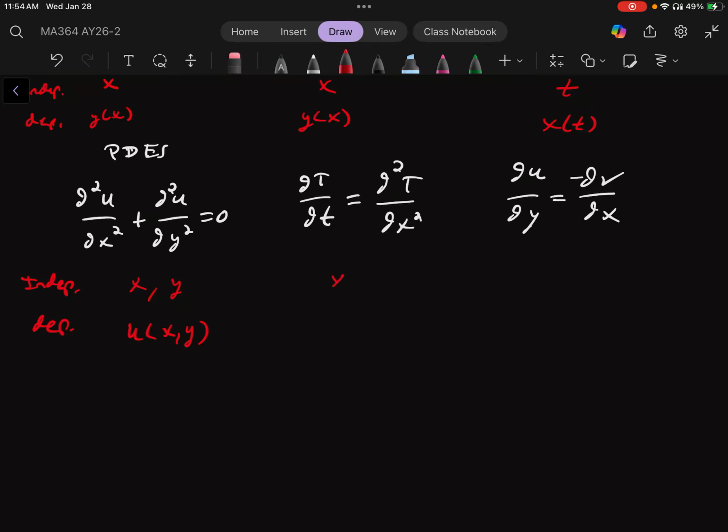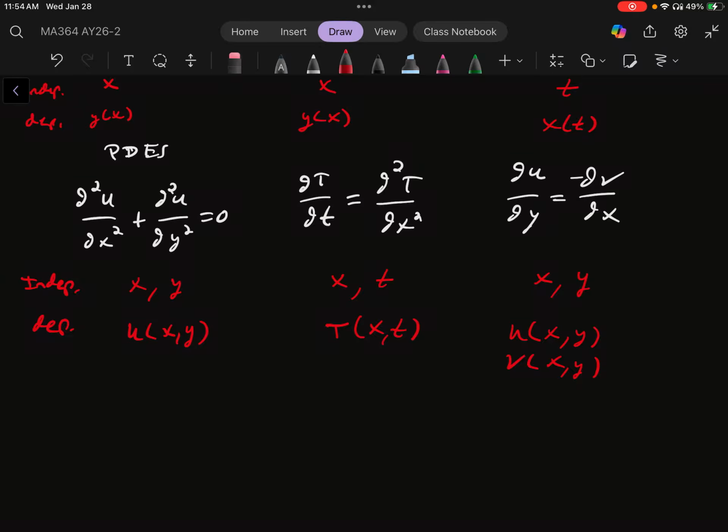On the next equation, we think about x and t being the independent variables, and capital T as a function of x and lowercase t being the dependent variable we're looking for. And the last one's kind of weird. The 2 independent variables are x and y, because those are on the bottom of those partial derivatives. And we can think about each function possibly being a function of each because they're both listed with partial derivatives instead of ordinary derivatives. So now there's actually two dependent variables.